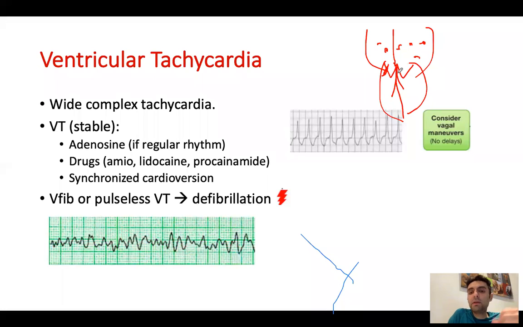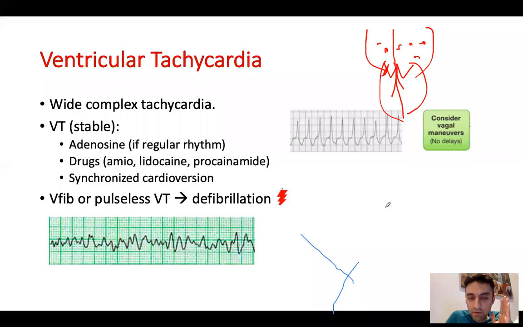Okay, so pre-excited atrial fibrillation is a differential when you have polymorphic VT. Why is it polymorphic, irregular, wide complex tachycardia? Because it's irregular, he's in AFib, and wide complex because there is WPW, so the QRS is wide, right?